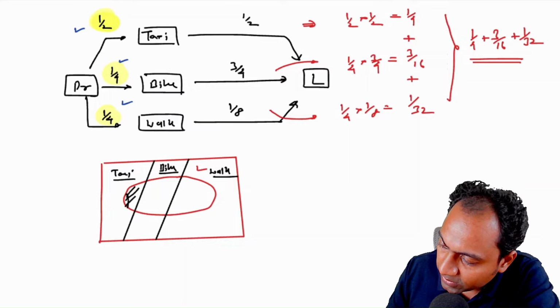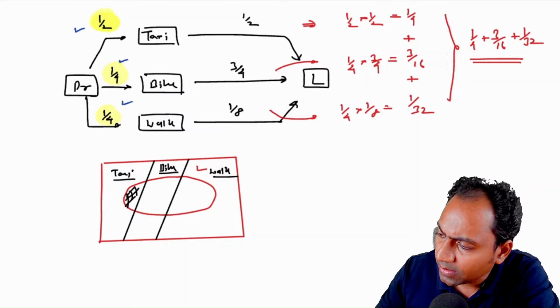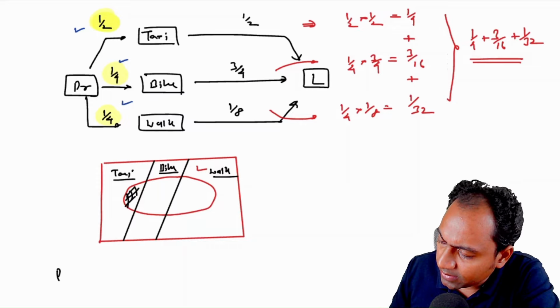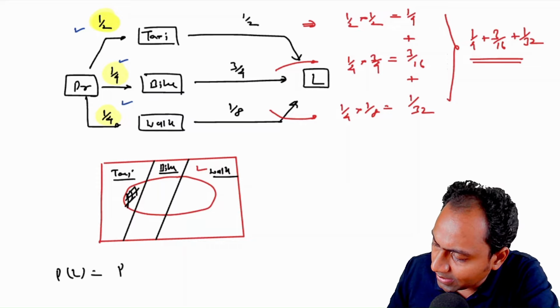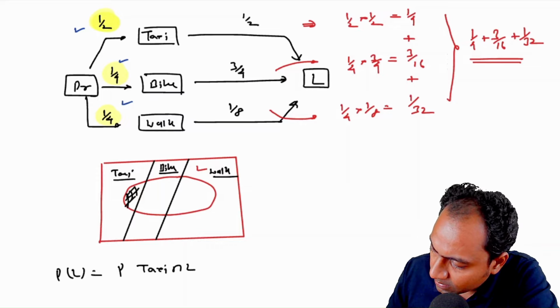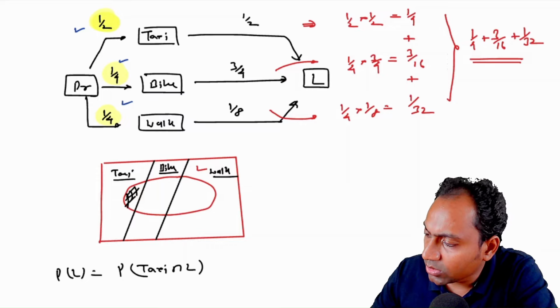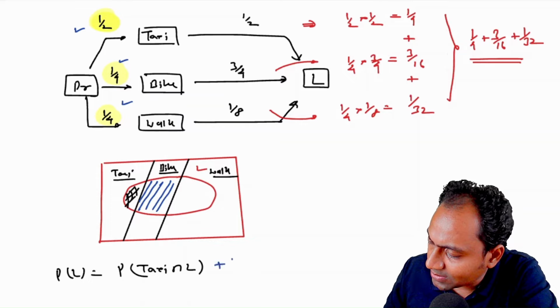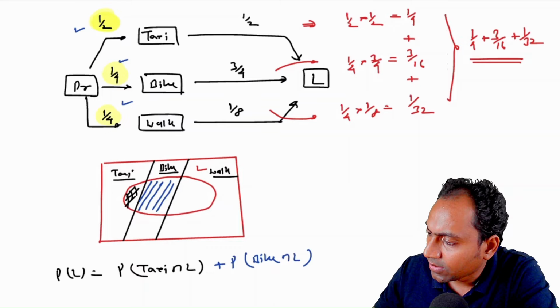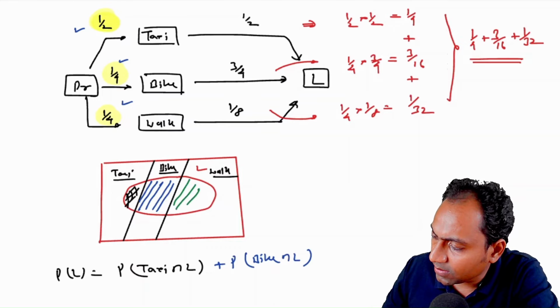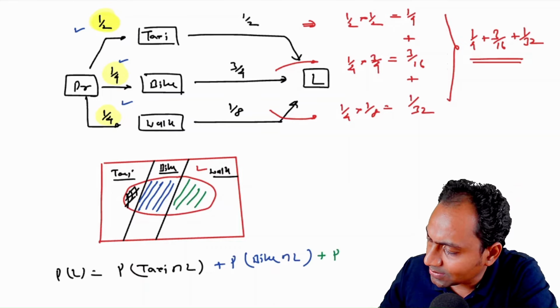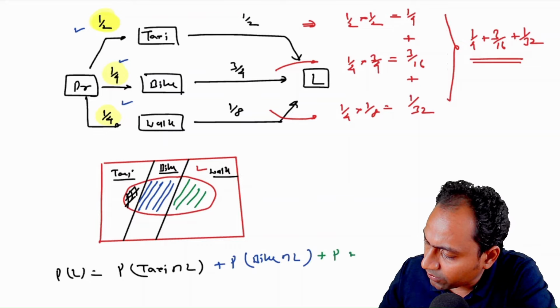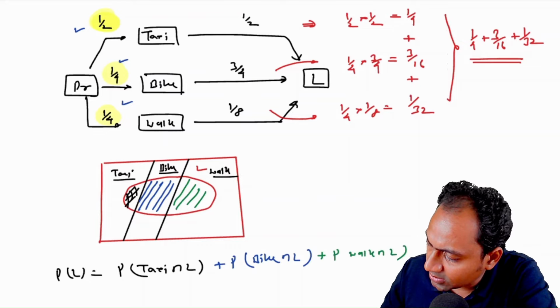So if you look into this part of being late, it is the intersection of taxi and late. Also what can happen is this second part. If you look into the second part, this is the intersection of bike and late. Or what can happen is this third part, and if you look into this third path, it is the probability of walk intersection late.